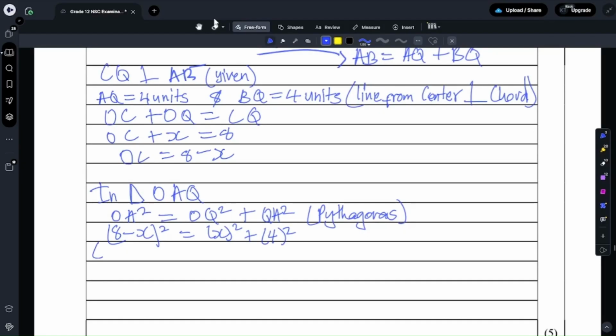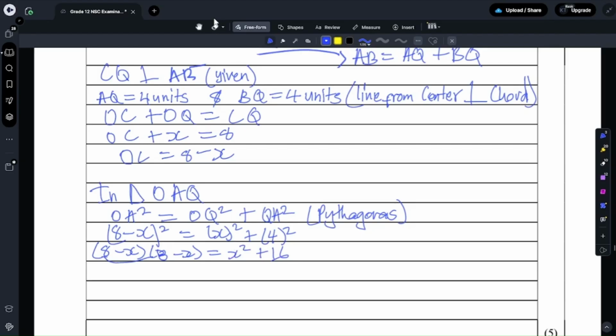So this you just have to expand: 8 minus X, all squared, is equal to X squared plus 16. So you apply your FOIL here.